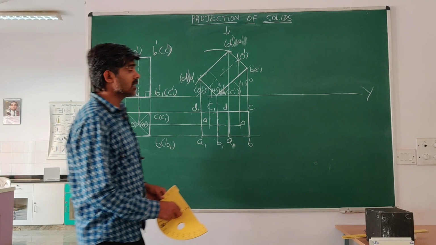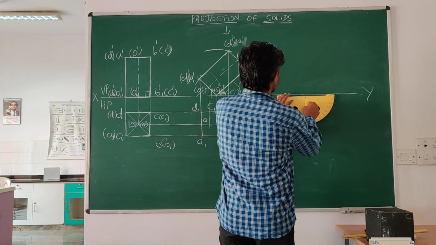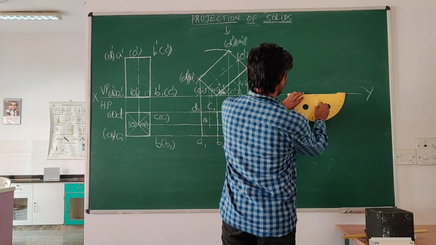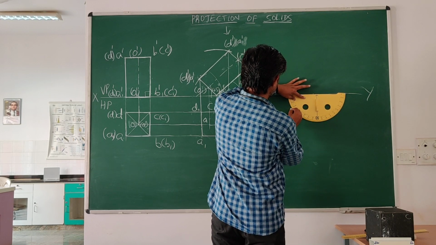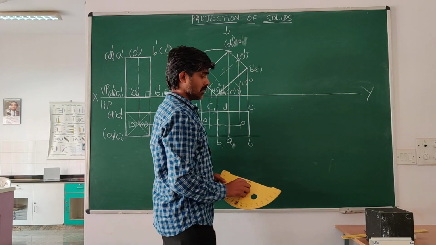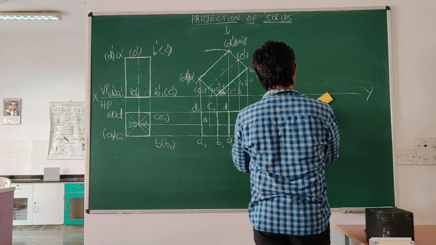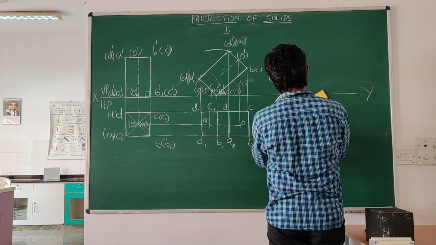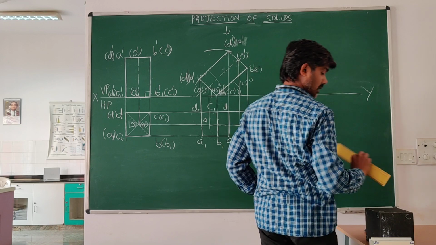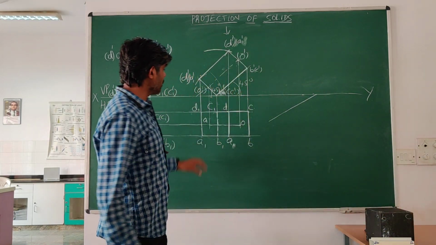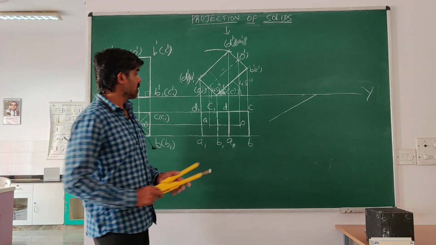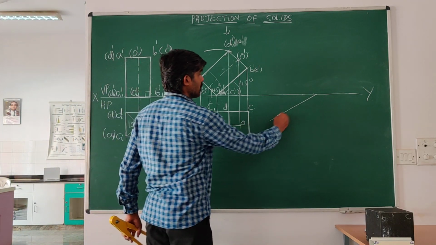I will take the 30 degree line now, with the reference point here. Now I will be reconstructing this diagram such that B1C1 is on this line.